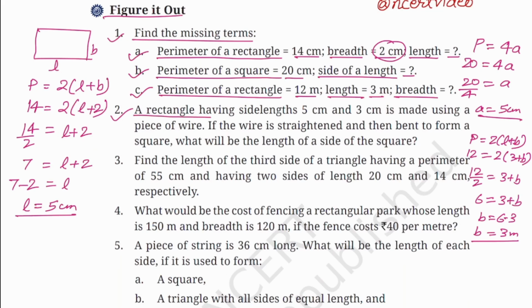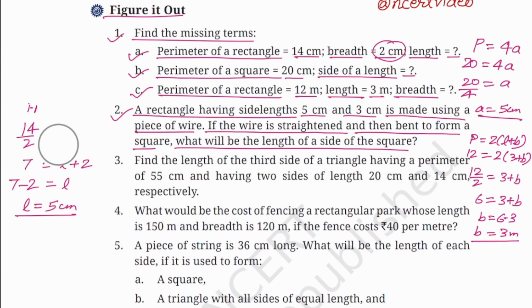2. A rectangle having side lengths 5 cm and 3 cm is made using a piece of wire. If the wire is straightened and then bent to form a square, what will be the length of a side of the square? It is given that the rectangle has been straightened and made into a square. So the length will remain the same.